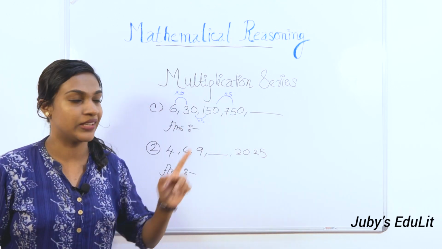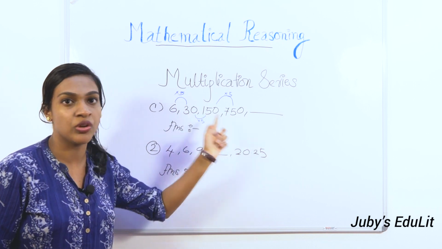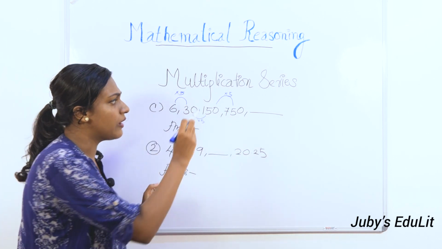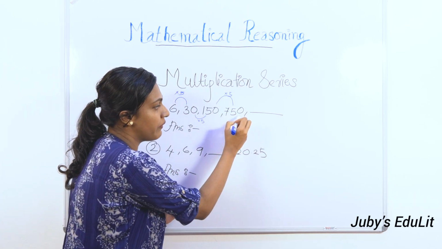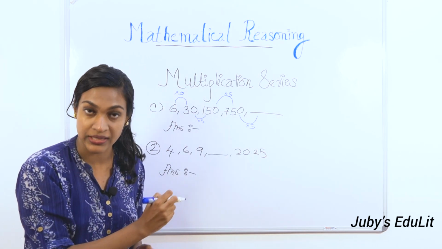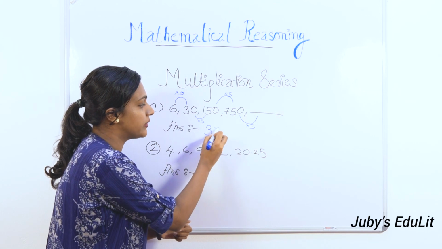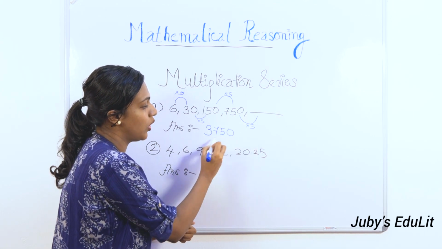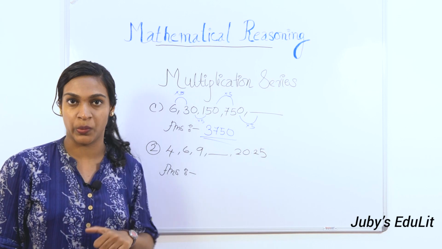So we understand that the number multiplied in this series is 5. Finally, when we multiply 750 by 5, it gives 3750, which is the right answer to this question.